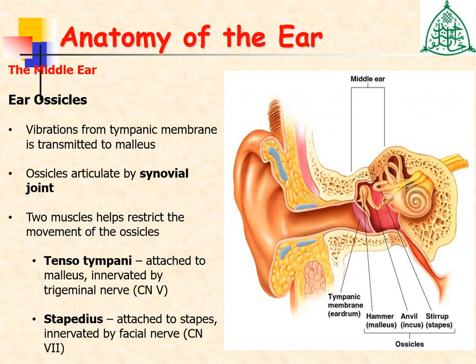These muscles are called the tensor tympani, which is attached to the malleus, and it is innervated by a branch of the trigeminal nerve, which is cranial nerve number 5. And we have the other muscle called the stapedius, which is attached to the stapes, and it is innervated by the facial nerve, which is cranial nerve number 7.